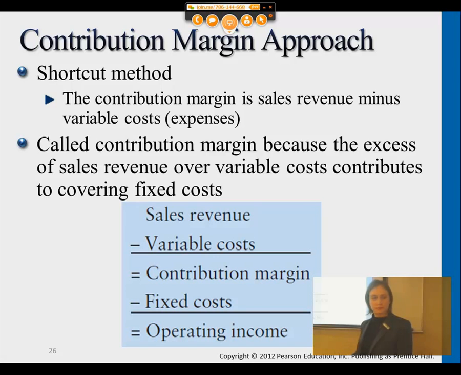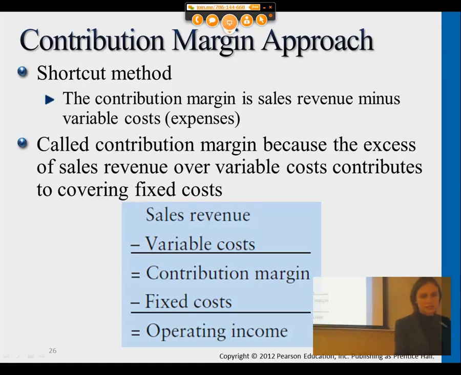It's called contribution margin only because it is the excess of sales revenue over variable cost, and that contributes to covering fixed costs. So let's see how we calculate it so that we understand what it means to contribute to covering the fixed costs.